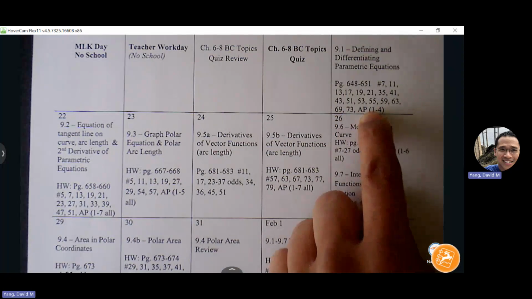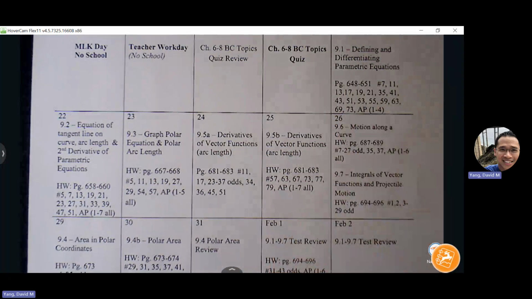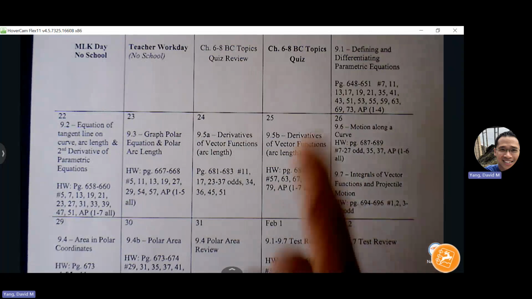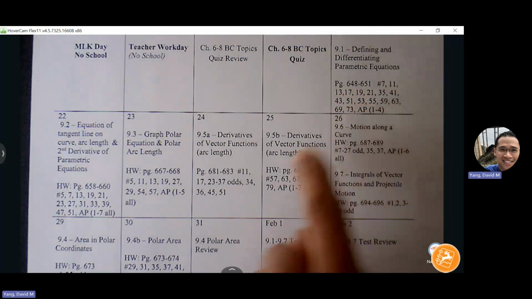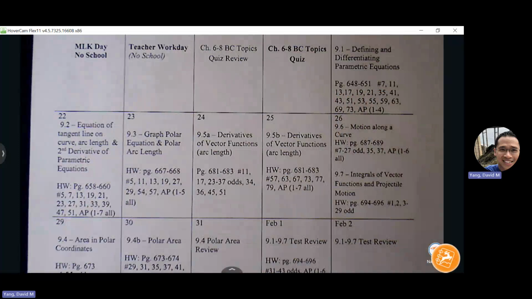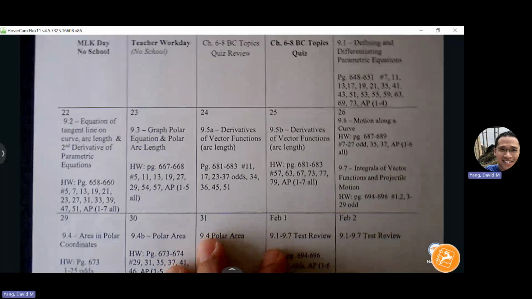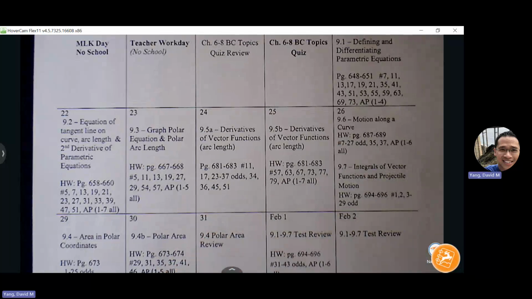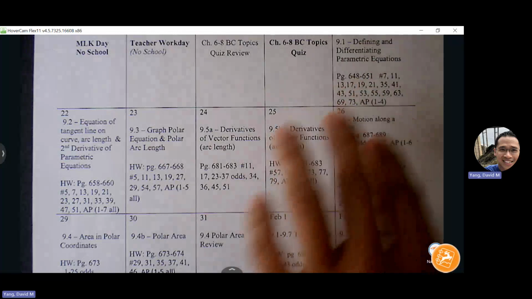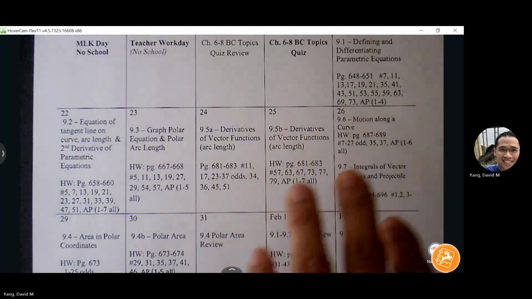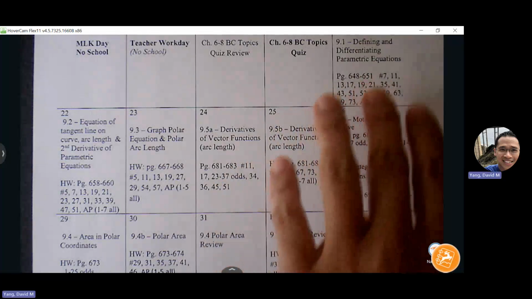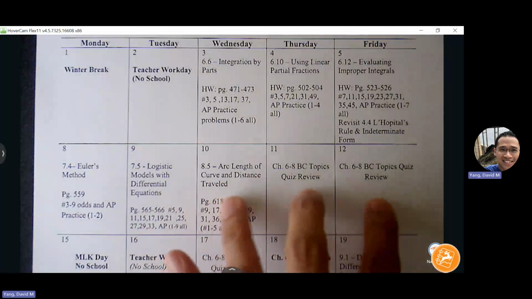There are enough problems in the notes packet that maybe I'll pick some of these problems out and put them into the review, but hopefully that will reduce the amount of homework. So I'm going to redo the calendar for Unit 9, but I'm going to keep it the same for these 6 or 7 topics.